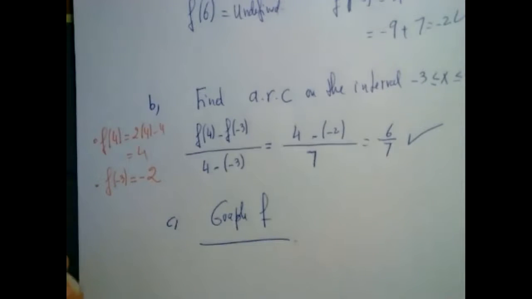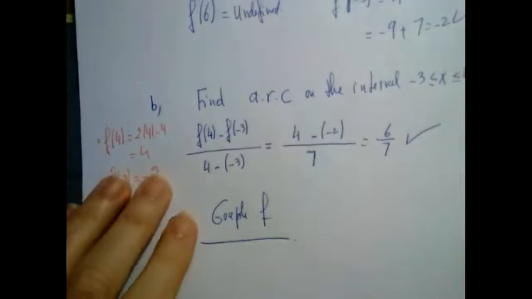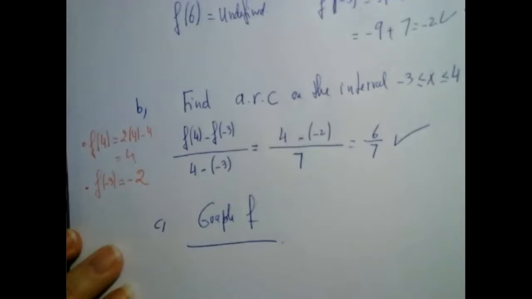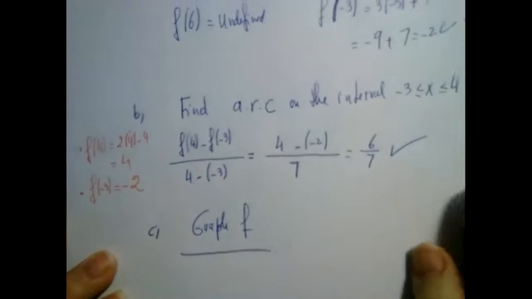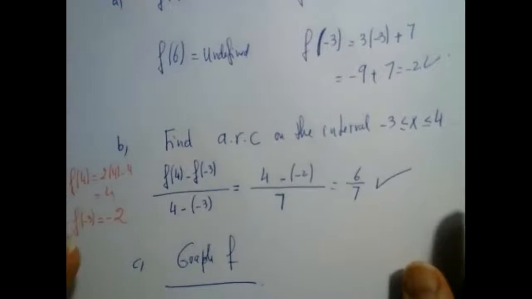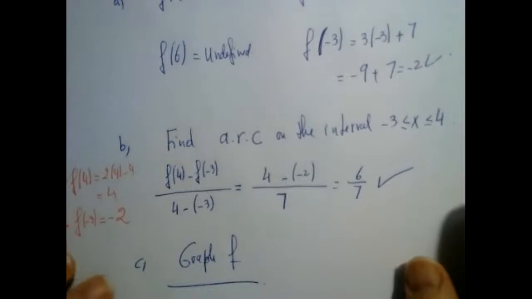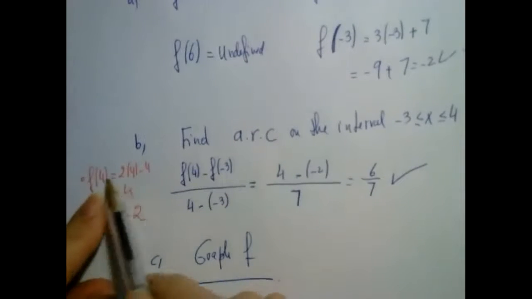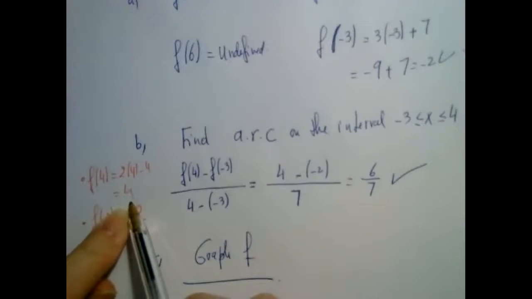Okay, so now we need to sketch the graph, and let's see how we sketch it. Could you go back real quick? How do we know that the matching for 4 is 4 and for -3 is -2? Is that just from the formulas above? Your question is, how do we know what f of 4 is?